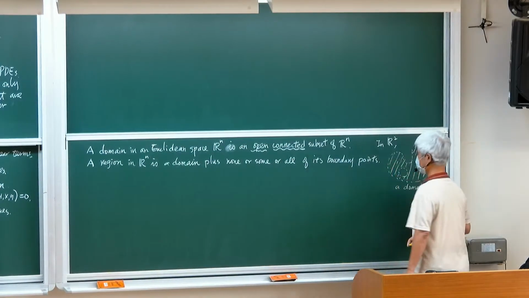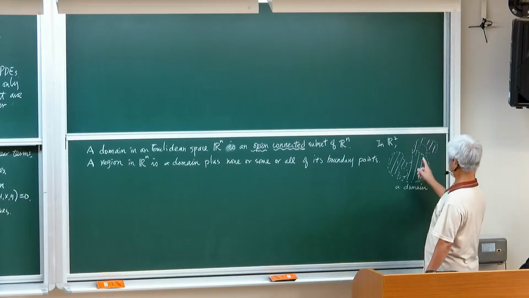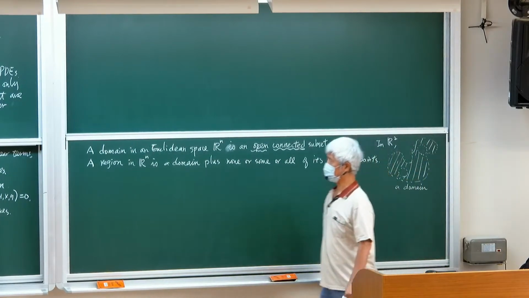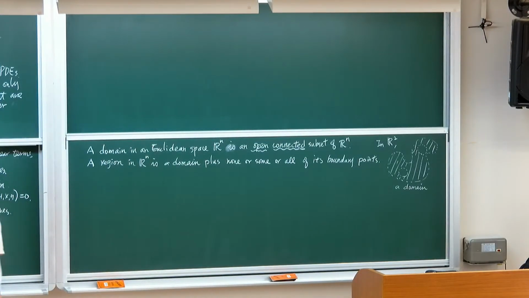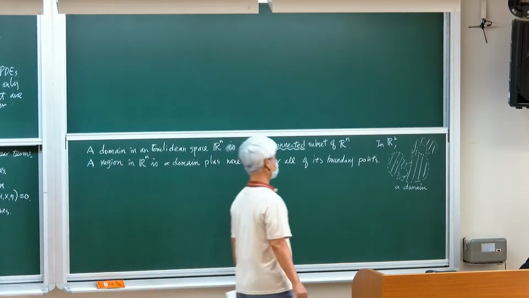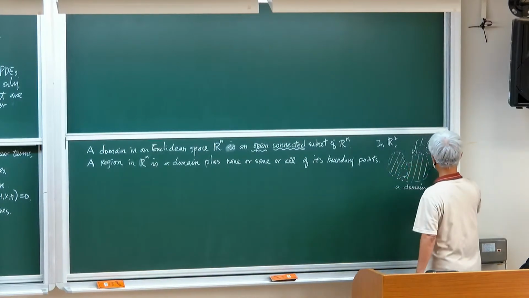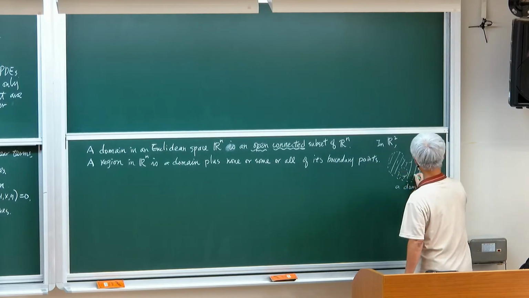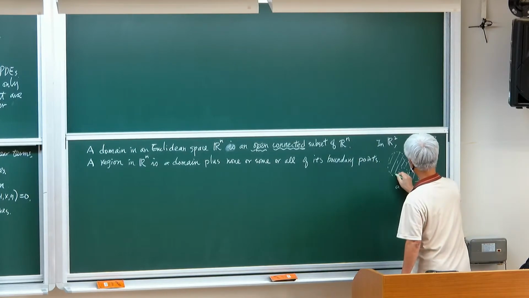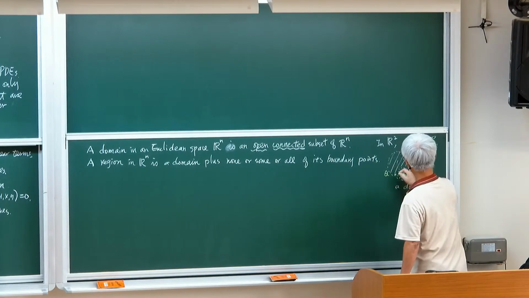It is connected. Why is it connected? Because you can connect two points in the domain by a path, by a polygon. So, for example, if you have a point P here and a point Q here, they can be connected.